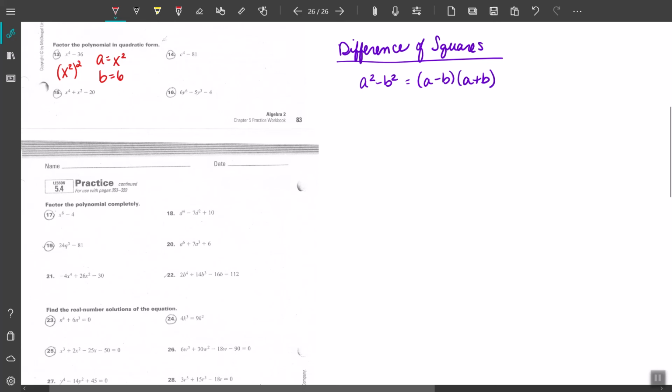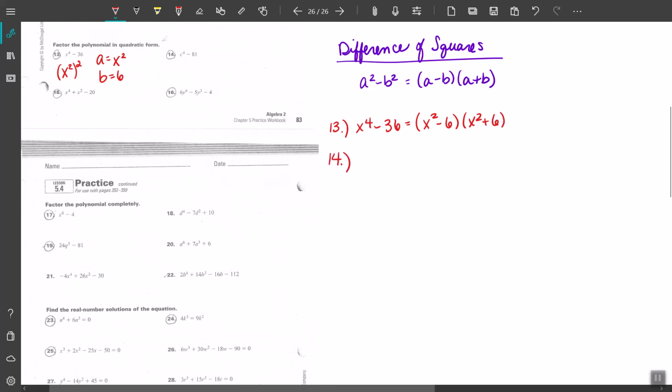So we can just write that original problem, x to the fourth minus 36, is going to follow this pattern of a minus b times a plus b. Oh, and that's supposed to be a 6, not a b, right here.